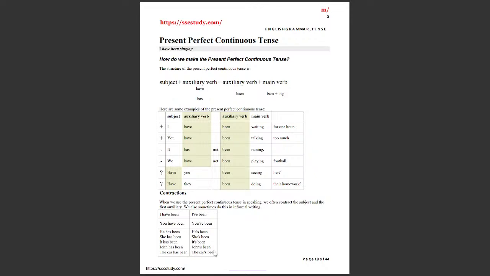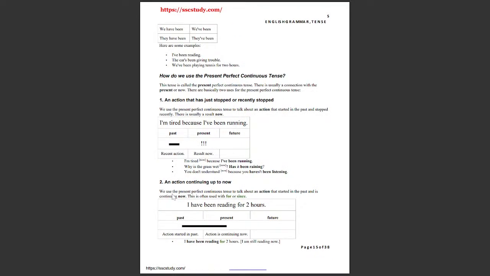In written form we make contractions. Next, we have been, they have been. So I have been reading, the car has been giving trouble, we have been playing tennis for 2 hours.